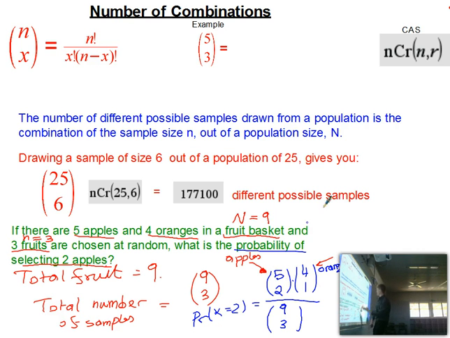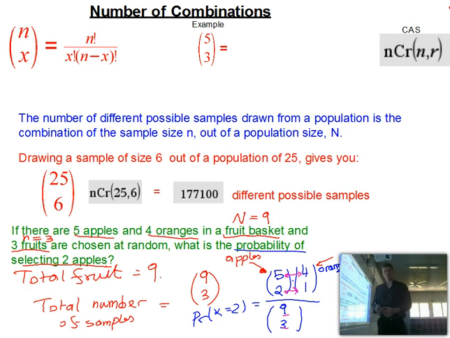Okay, so what's important here is to notice that both of these numbers there add up to a 3, which is the sample, whereas the top numbers here add up to the 9, which is the population.